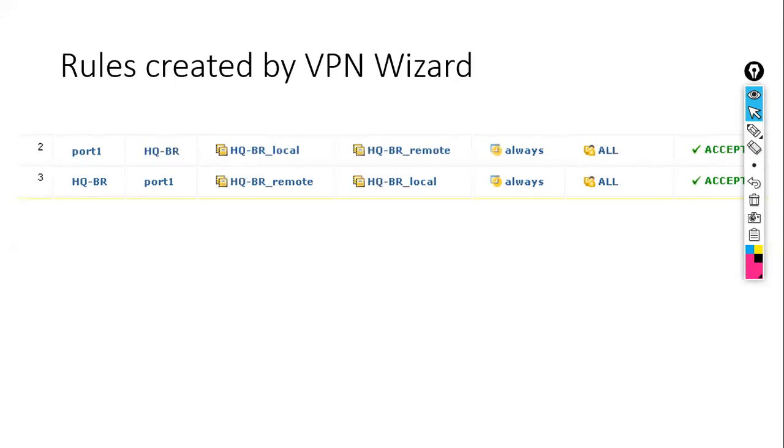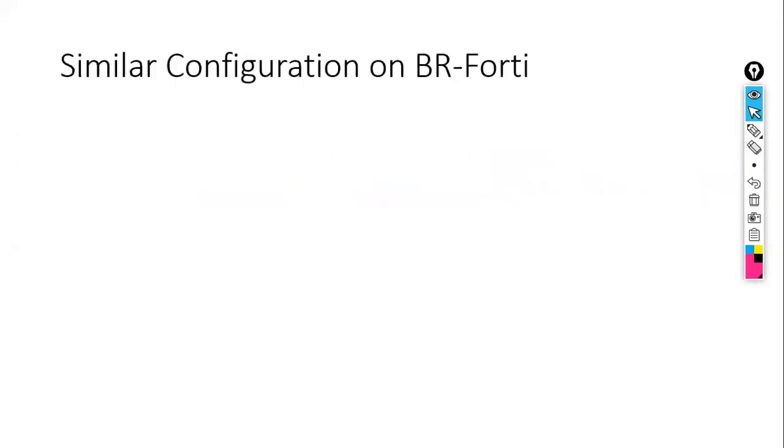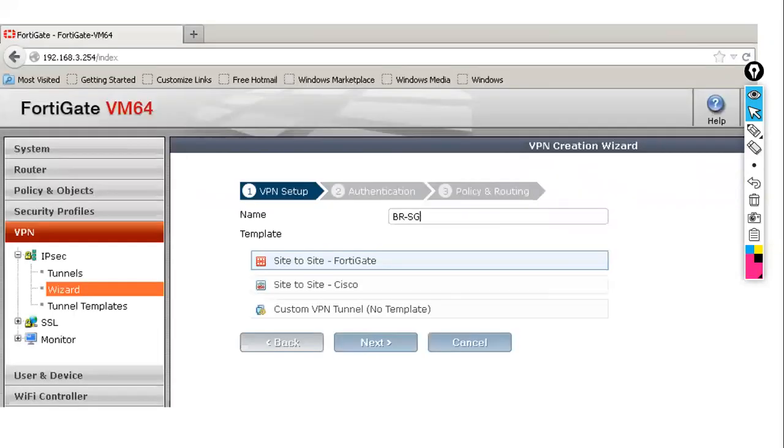Now, in the same way, you can configure on branch firewall. So now in the branch firewall, you can see that you are required to give a name. Because it is branch to headquarters, so branch to HQ is the name.